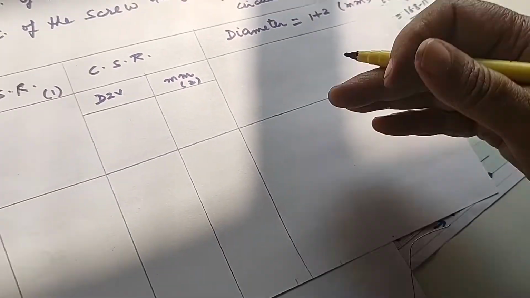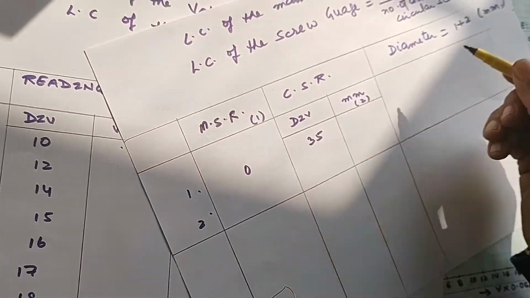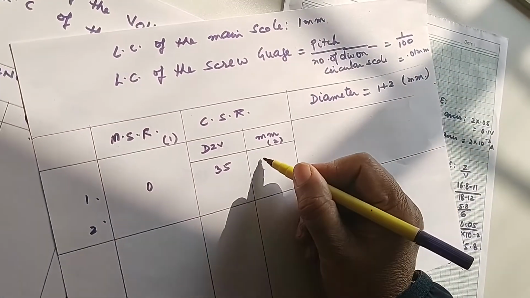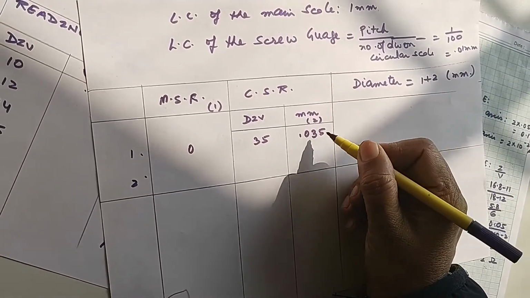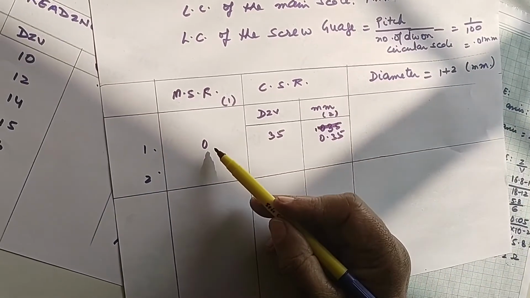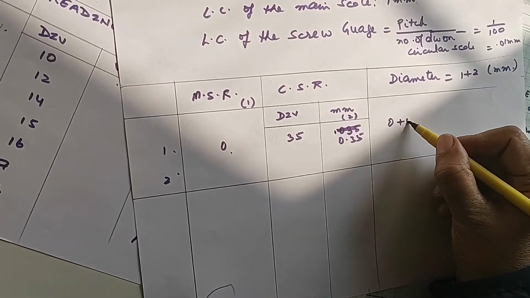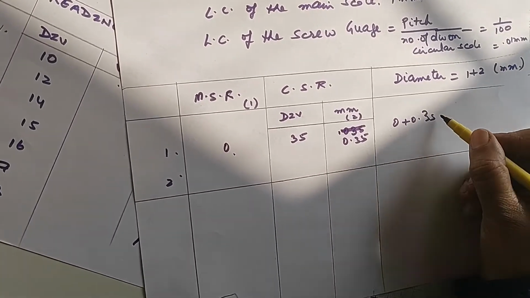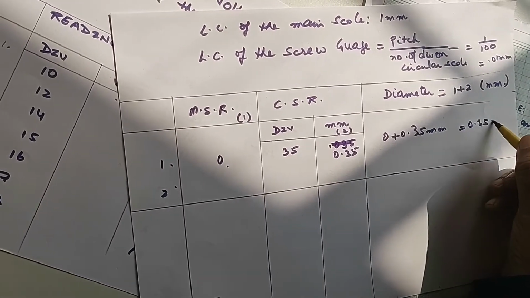So the main scale reading is 0 and the division is 35, and I multiply with the least count, so it will be 0.35. My diameter will be main scale plus the circular scale in millimeter, that is 0 plus 0.35 millimeter. So my diameter is 0.35 mm.